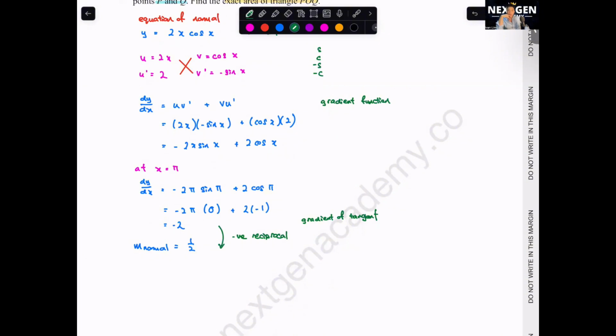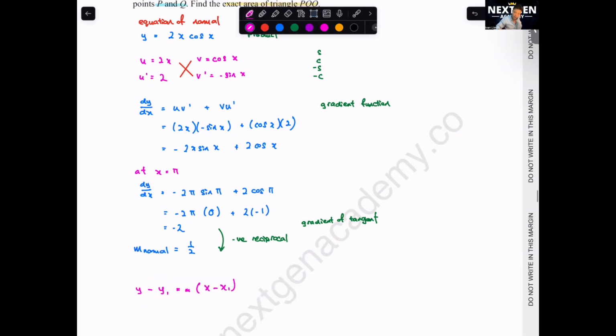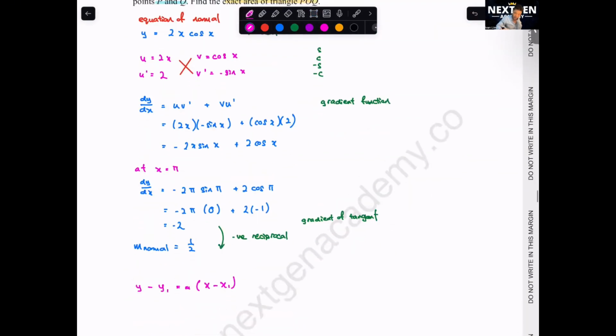How do we find equation of normal? We will fit into the equation y minus y1 equals m bracket x minus x1. What are the values that we substitute inside here? This will be this m and then your pi and negative 2 pi.